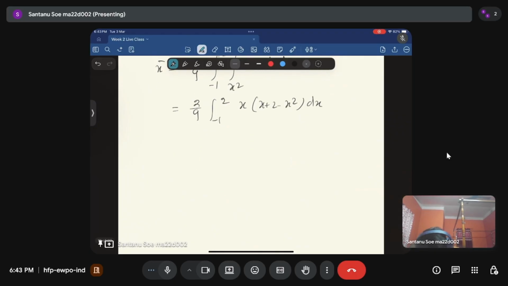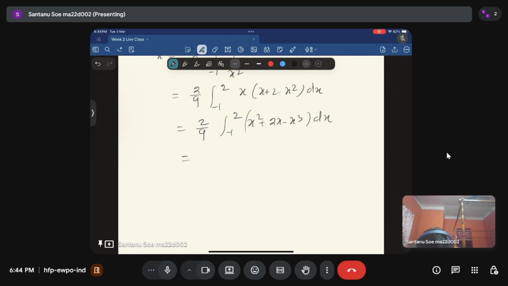And this is just 2 by 9, minus 1 to 2, x squared plus 2x minus x cube dx. So this will be 2 by 9 and x cube by 3 plus x squared minus x to the 4 by 4, from minus 1 to 2. And if you just calculate all this value, the answer will be 1 by 2.